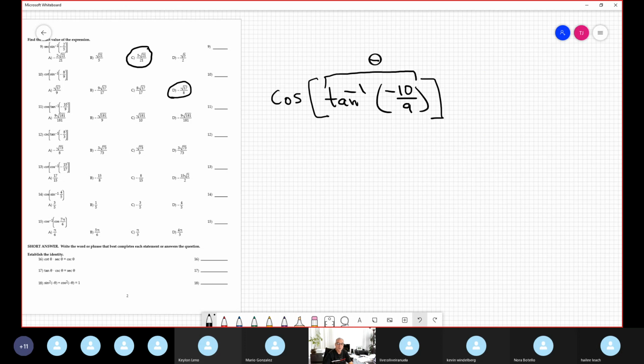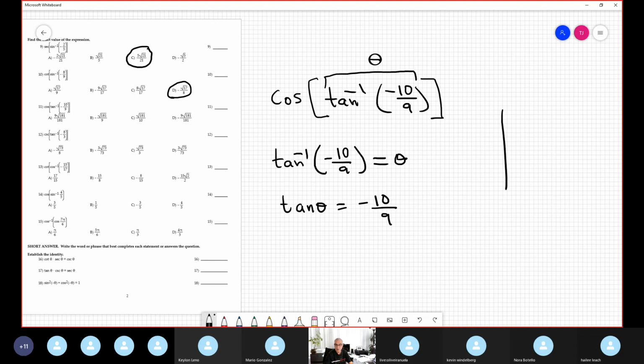So I know theta, tangent inverse of negative 10 over 9 equals theta. In other words, tangent theta is equal to negative 10 over 9. According to the range of the tangent inverse, it is positive in the first quadrant, negative in the fourth quadrant. Therefore, theta lies in what quadrant? Fourth quadrant.